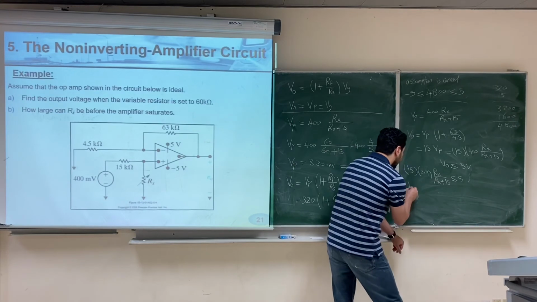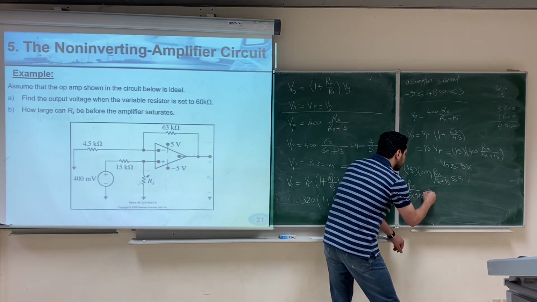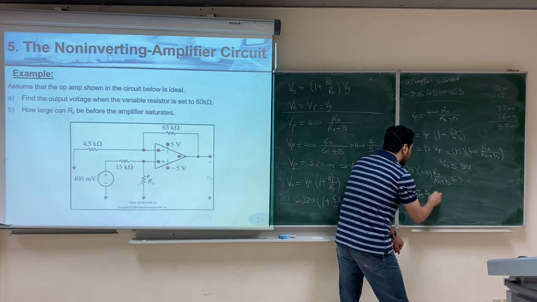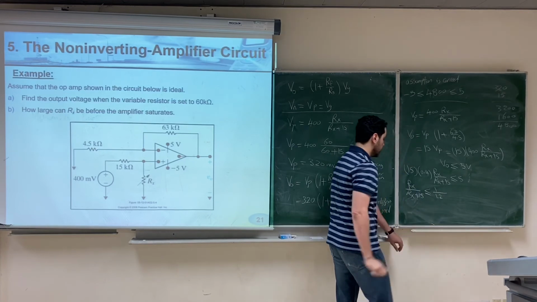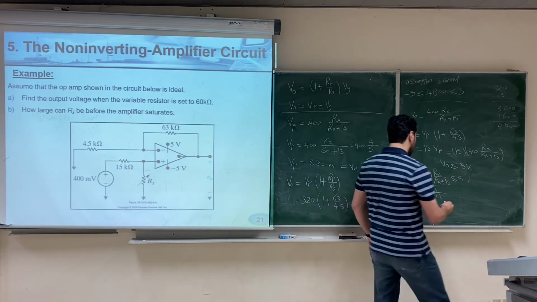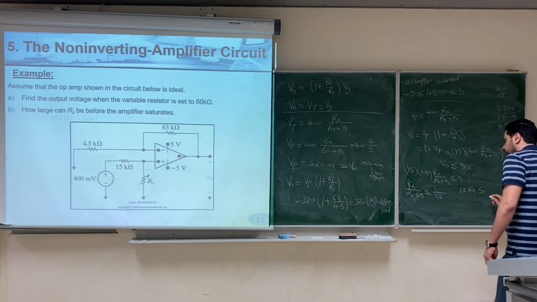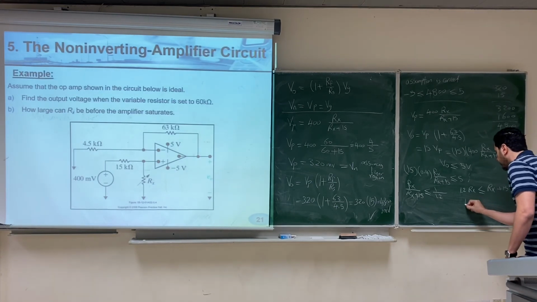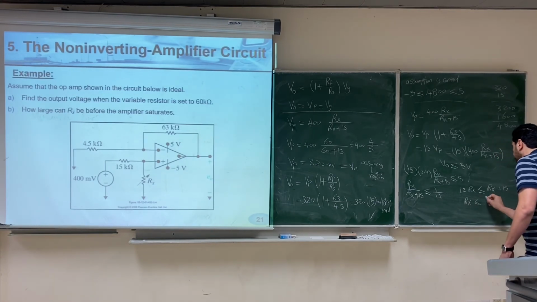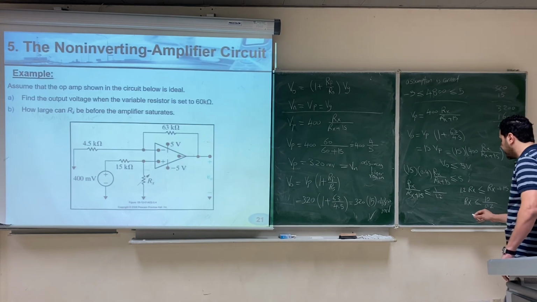We can say that now Rx over Rx plus 15 must be less than or equal to 1 over 1.2, and then crisscross we get that 1.2 Rx must be less than or equal to Rx plus 15, which means that Rx must be less than or equal to 15 over 0.2, which is 75 kilo ohm.